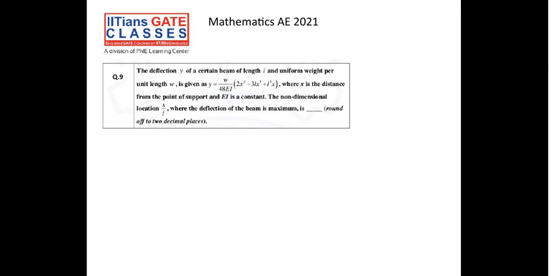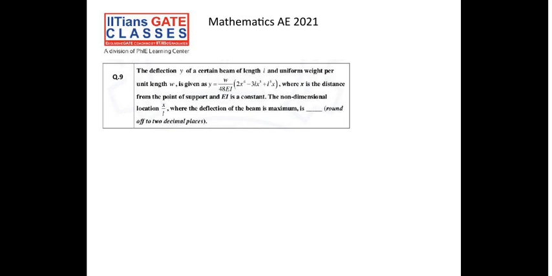The deflection y of a certain beam of length L and uniform weight per unit length W is given as y equals W by 48 EI into 2x raised to 4 minus 3Lx cube plus L cube x, where x is the distance from the point of support and EI is a constant. The non-dimensional location x by L, where the deflection of the beam is maximum, is?